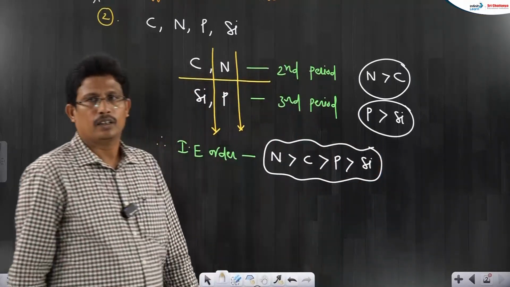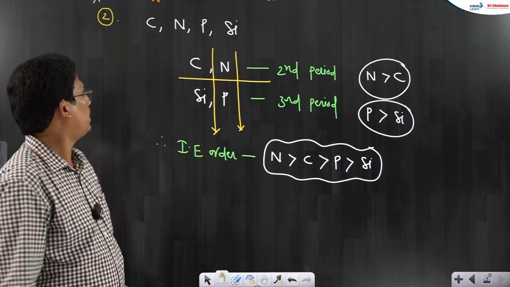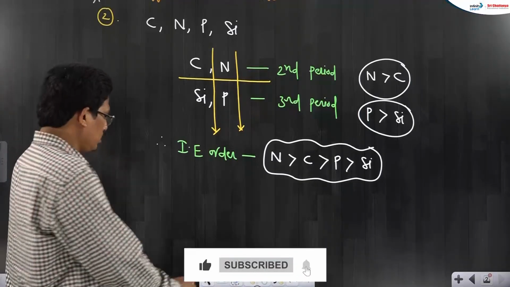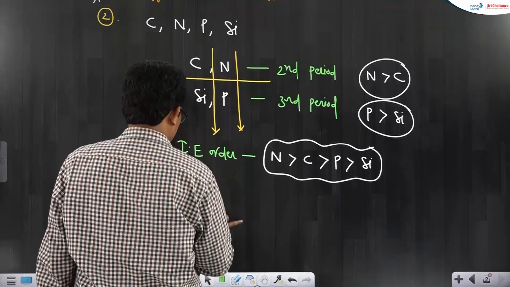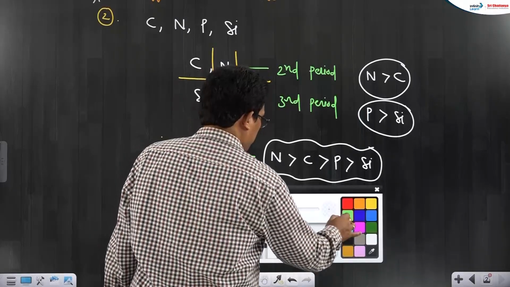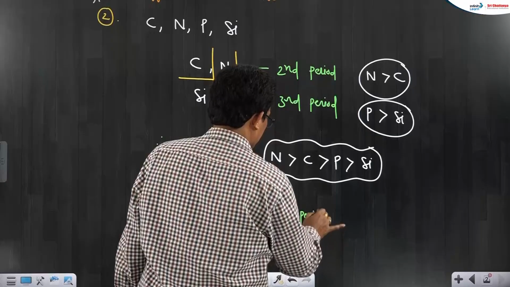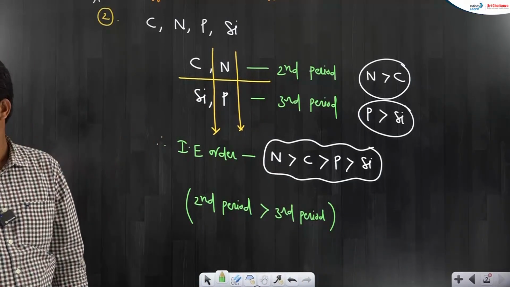It is the correct ionization energy order of the four elements carbon, nitrogen, phosphorus, silicon. Second period elements have more IP values than third period.